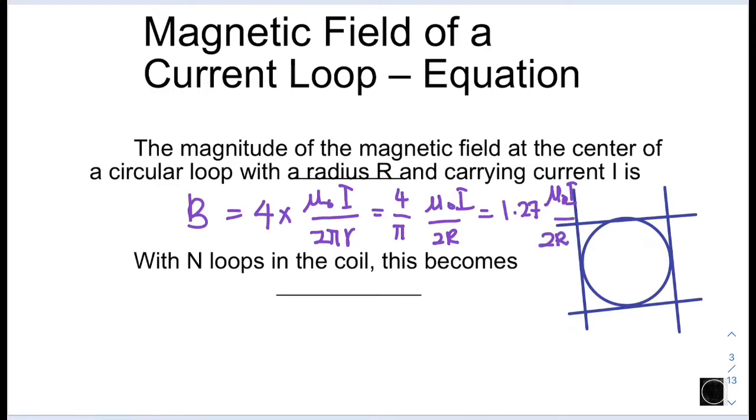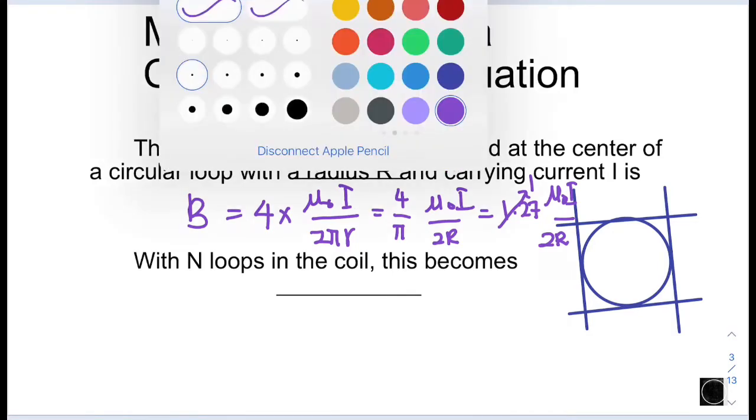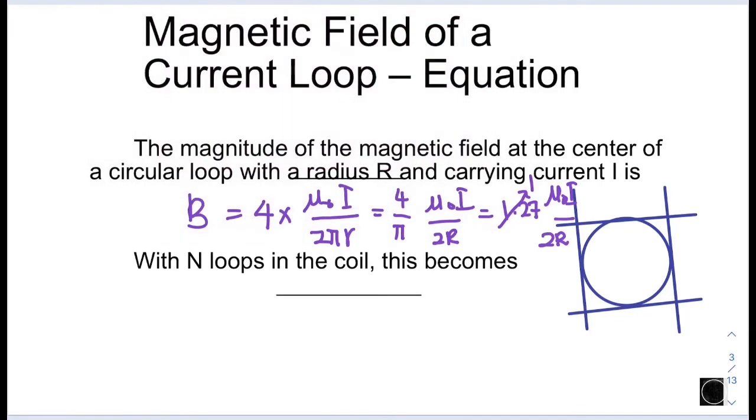The 1.27 here is normally considered as 1 only, because 0.27 does not really give any big effect. So finally, the formula for a circular loop, B is equivalent to mu naught I over 2r.